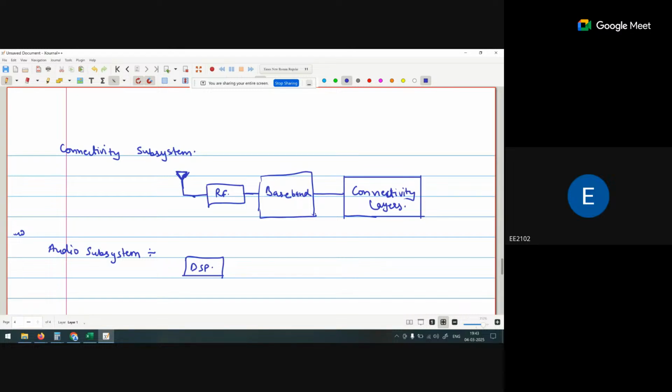We require the interpolation, and the digital to analog converter.